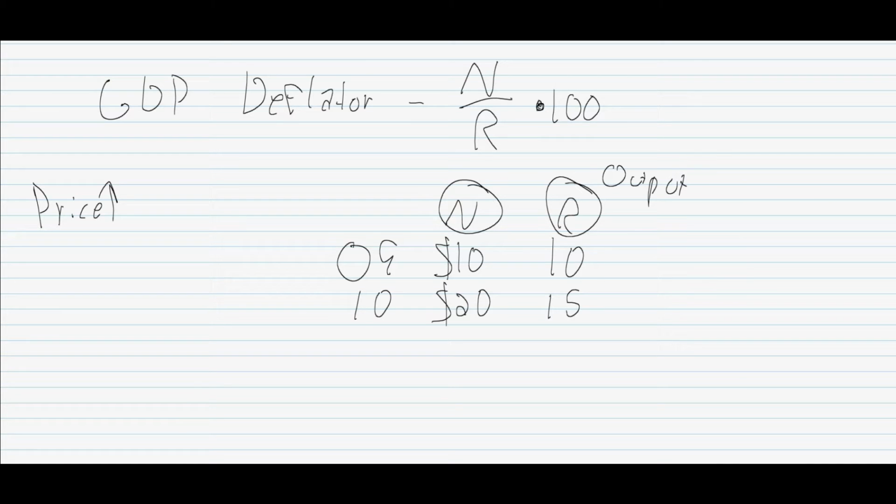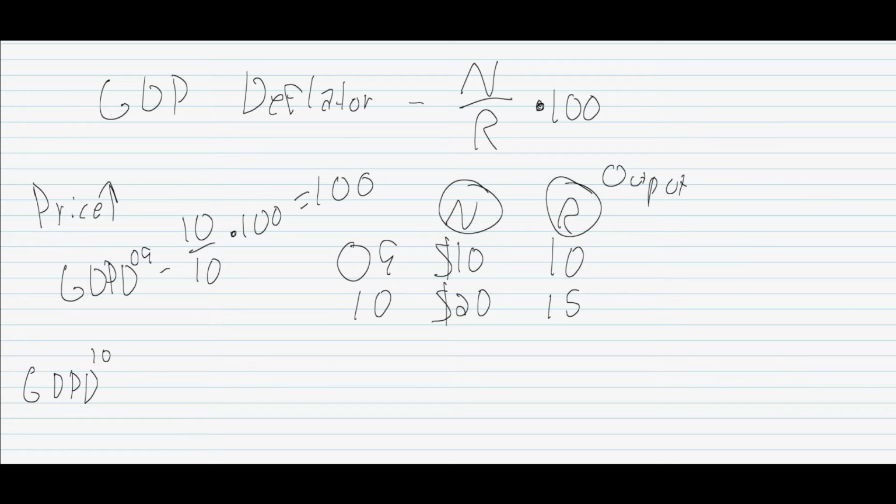Okay, so let's measure the GDP deflator for 2009. Nominal over real times 100. So 10 divided by 10 is 1, times 100 is 100. Now let's measure the GDP deflator for 2010. Nominal over real times 100. You can go ahead and do these calculations.